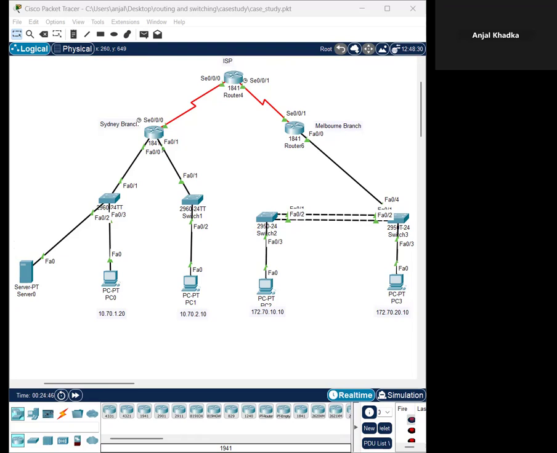Another main upgrade we will be making is adding a wireless network. A wireless network helps clients communicate wirelessly, which will make employees more flexible.